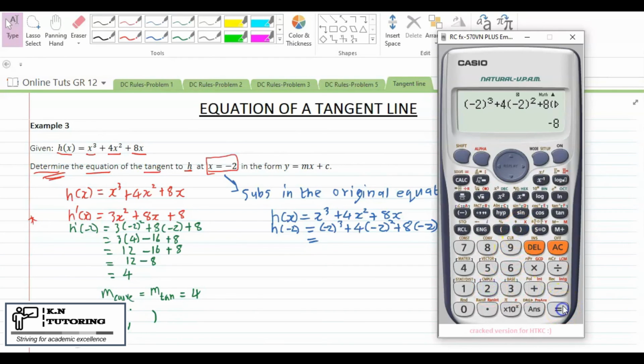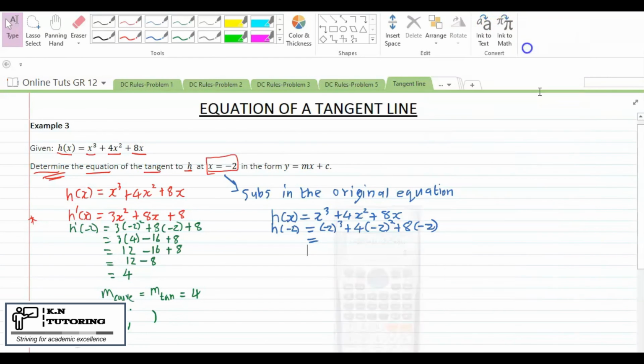Let me get the calculator again. This gives minus 8. So my corresponding y value is minus 8.